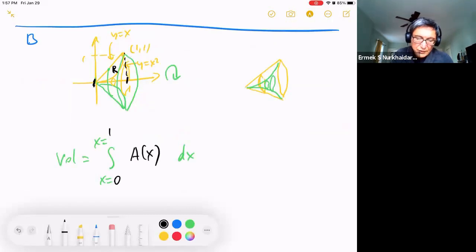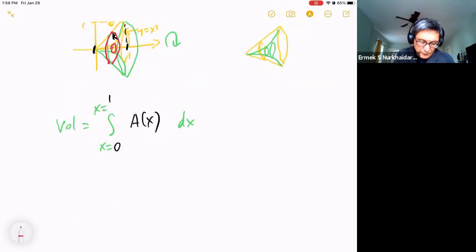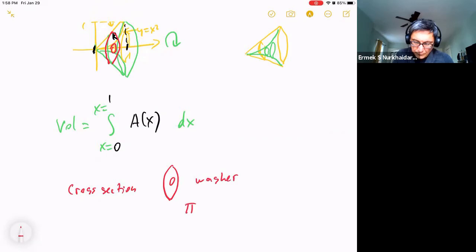So hopefully we see a washer. So the cross section is a washer. So area is going to be pi capital R squared minus pi little r squared.